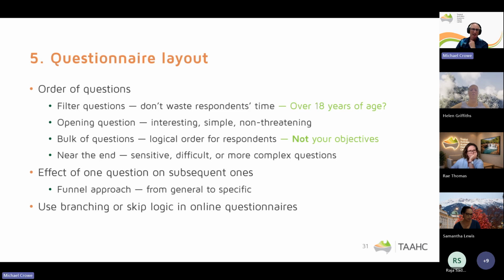But it's more likely. Remember that you should use a funnel technique as well. Start from things that are general and then work your way into things that are more specific. Again, that just helps people in deciding and understanding what's happening. And again, using branching or skip logic, because I did say that as well earlier.